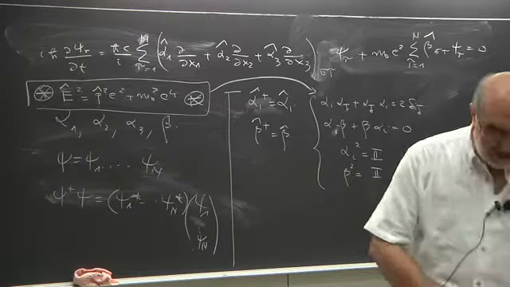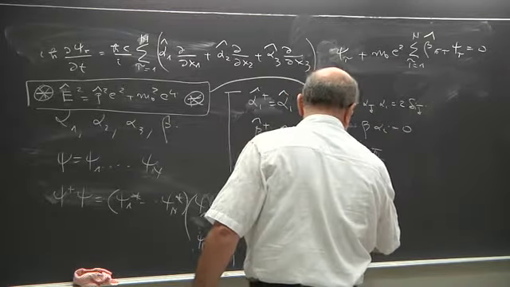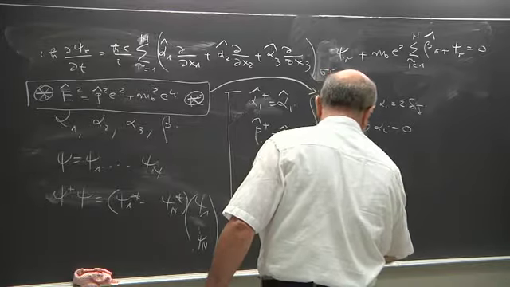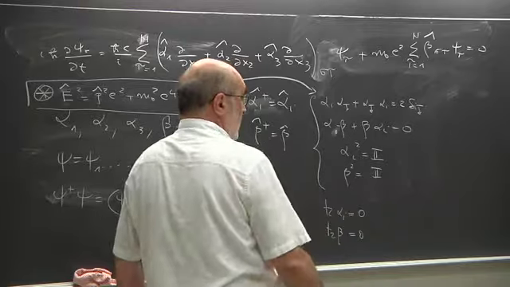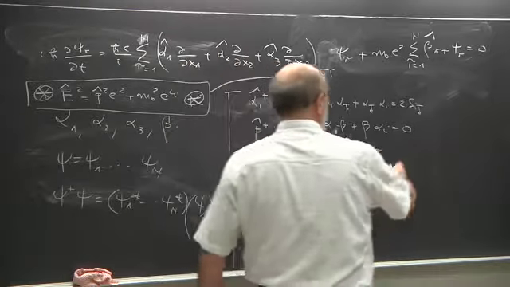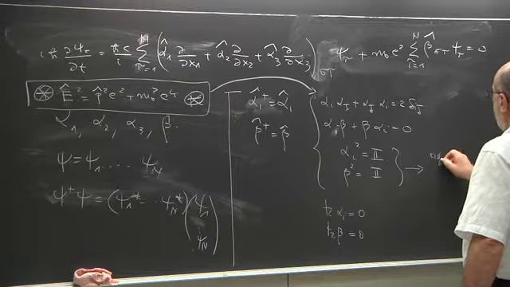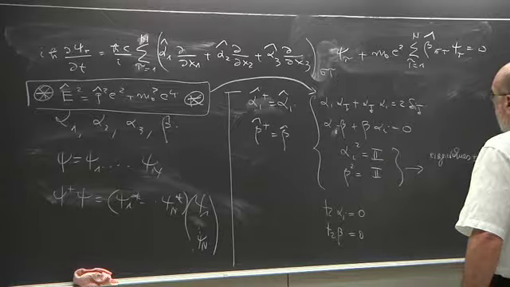What we proved yesterday is also this: the trace of alpha i is equal to 0, and the same for the trace of beta. Because of this relation, the eigenvalues can only be plus or minus 1.